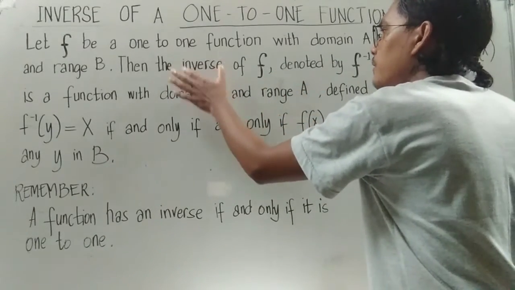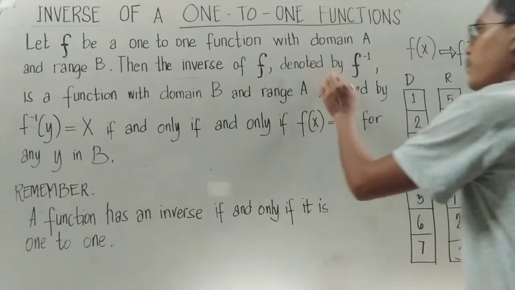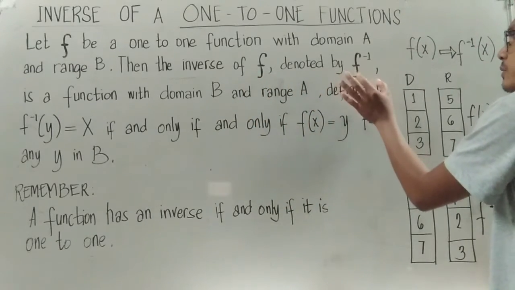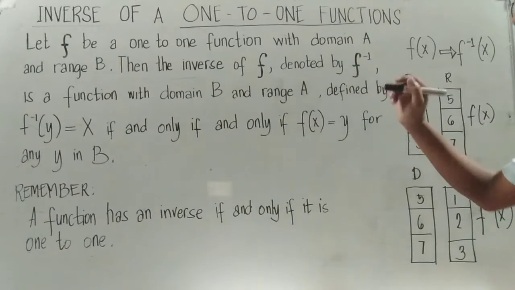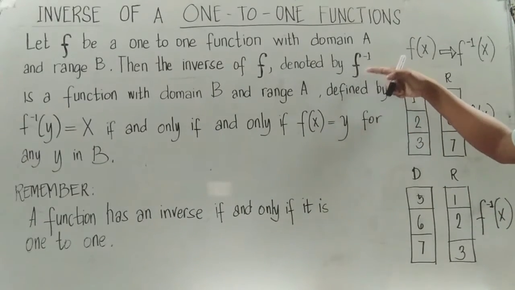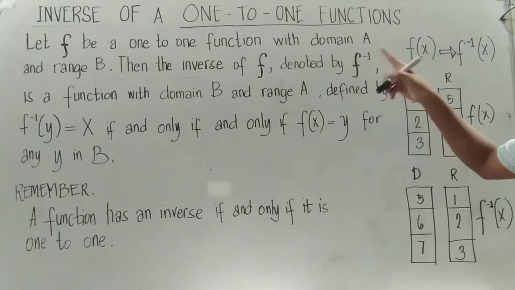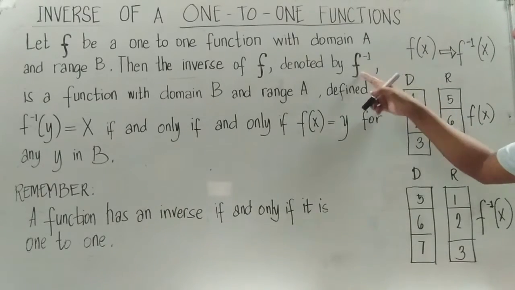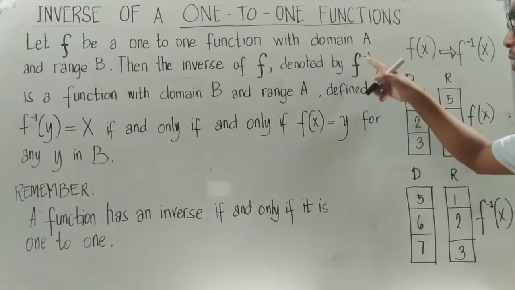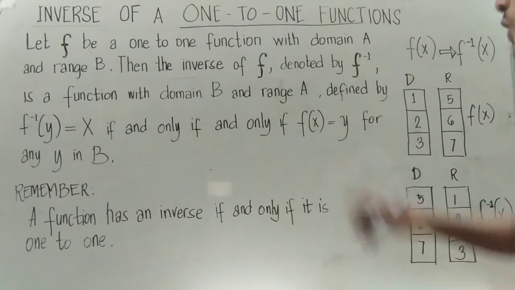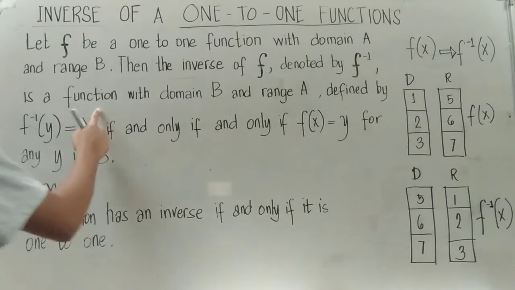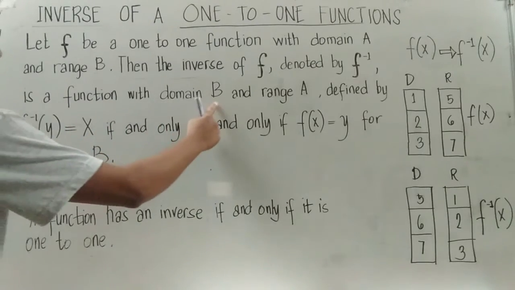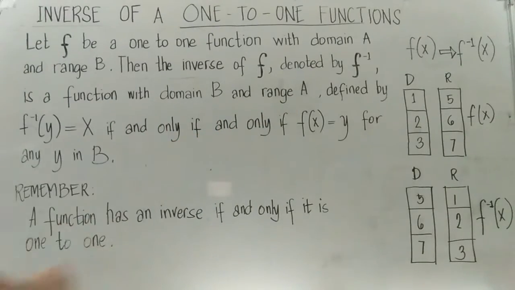Here, the inverse of f is denoted by f with the exponent -1. We will read it as the inverse of f. Again, the inverse of f, not f raised to -1. So the inverse of f is a function with domain B and range A, defined by the inverse of f of y is equal to x.